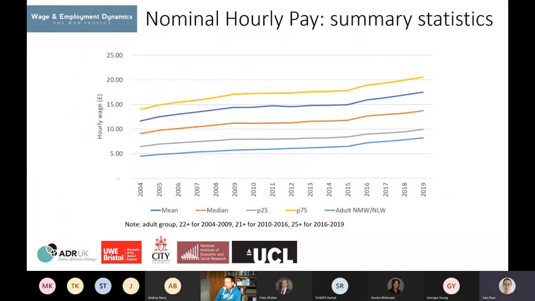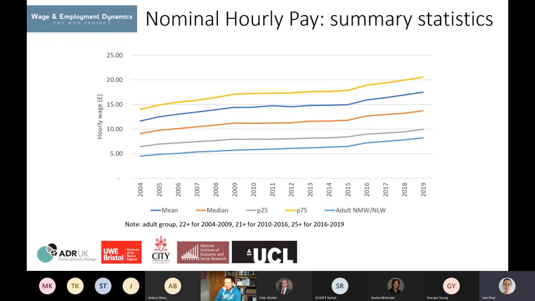So here's the summary statistics of the nominal hourly pay that we produced. Over the period, the nominal median hourly earnings among the employees have risen from £9.11 to £13.33. That is a rise of 31%.